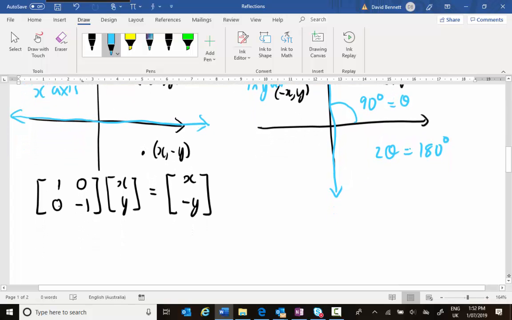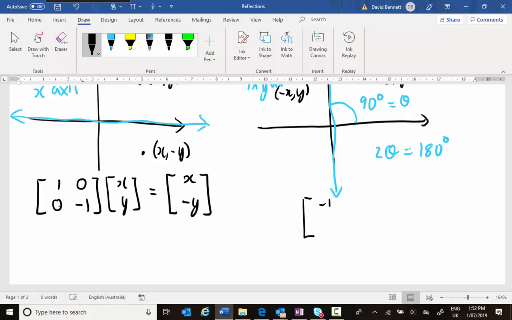Alright, so remember it's cosine first of all. What's cosine of 180 degrees? Well, we know it's negative 1. Sine of 180 is 0. That's going to be 0, and that's going to be negative 1, which is going to be 1 there.